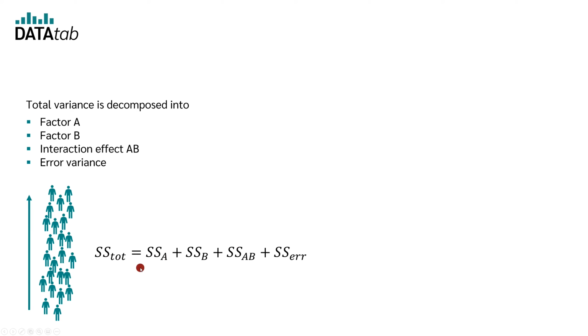So we want to know if we can explain some of the variance by the variable gender, study status, and also by their interaction. The portion that we cannot explain by these three aspects then accumulate in the error. SS stands for sum of squares.